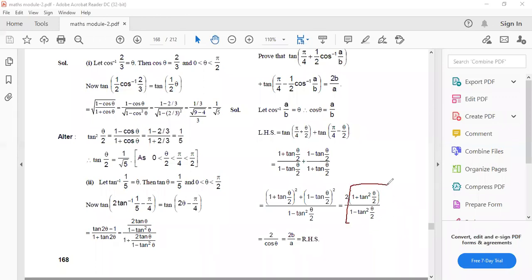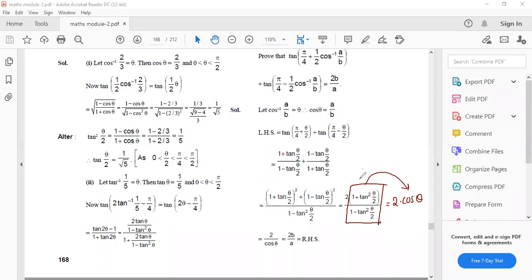Now look at this formula. 1 plus tan square theta by 2 into 1 minus tan square theta by 2. Is it 2 into cos theta? Is it the formula of cos theta? Simple to understand. If you do not recall this, you can simply replace tan square as sin square upon cos square. You'll get back to that formula.